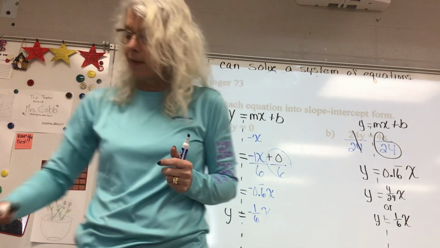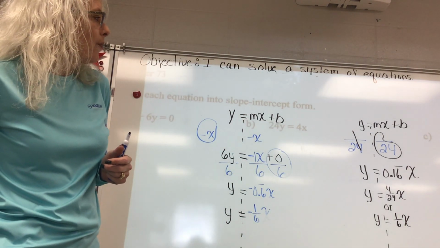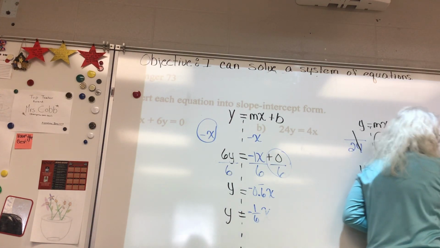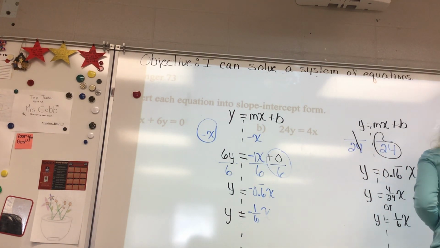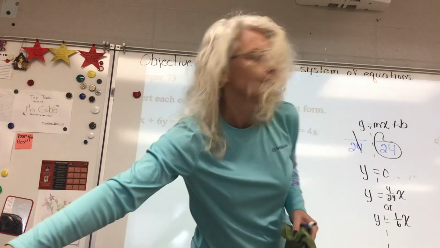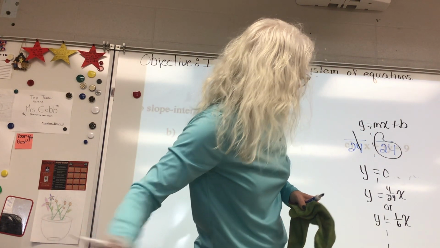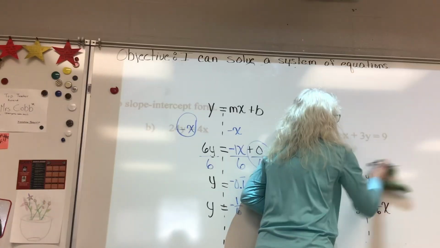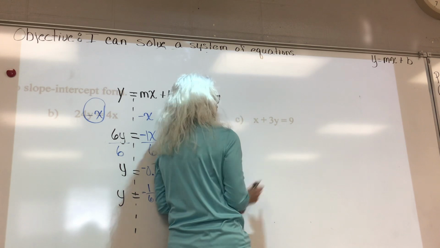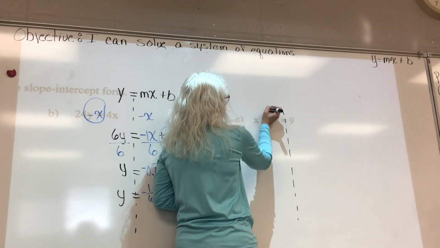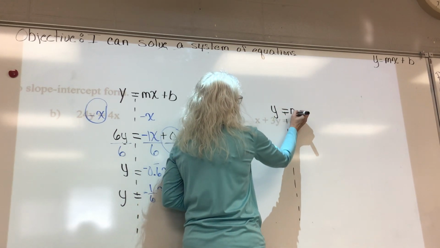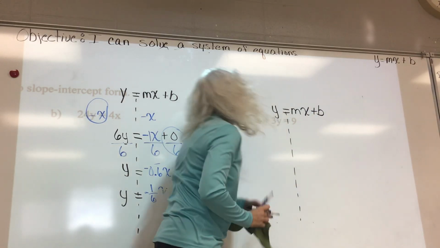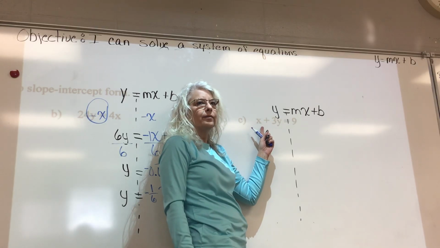Okay, problem C. Find your equal sign and dot it. For this equation to be written in slope-intercept form, does the x belong on the left side?